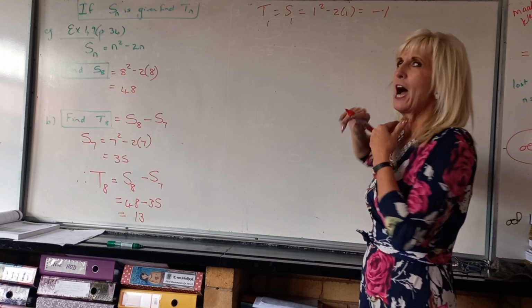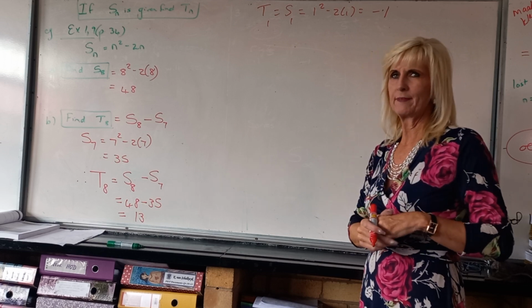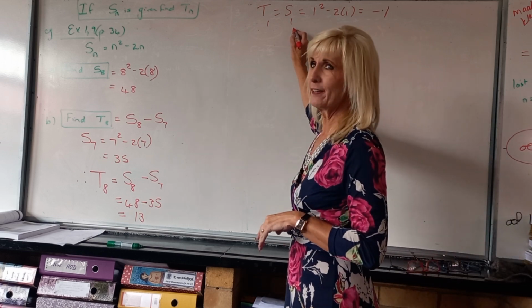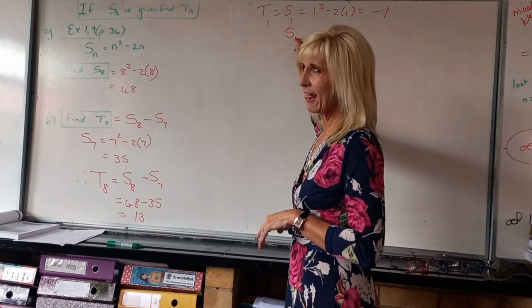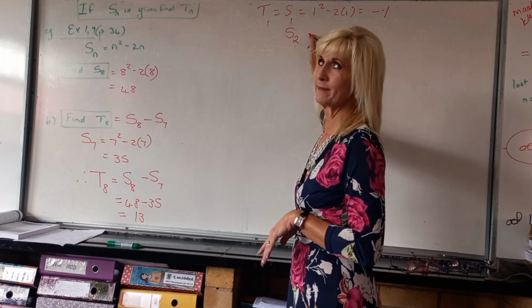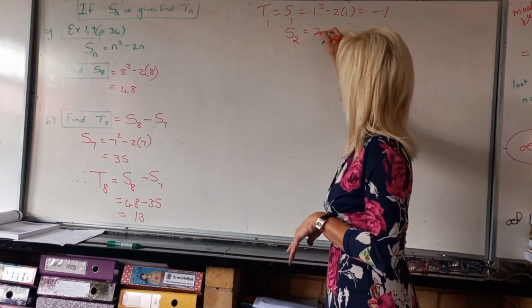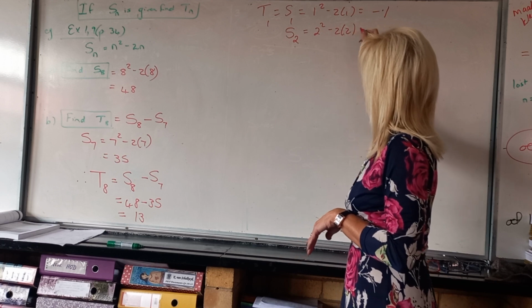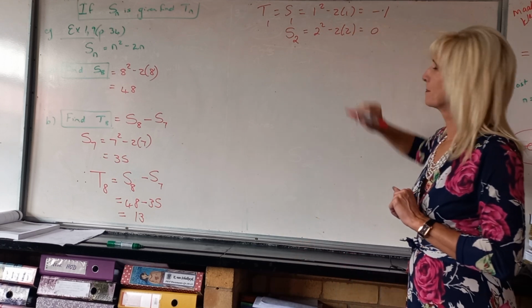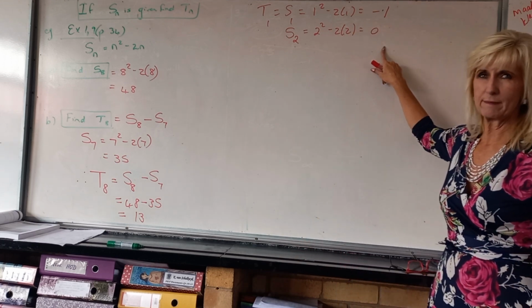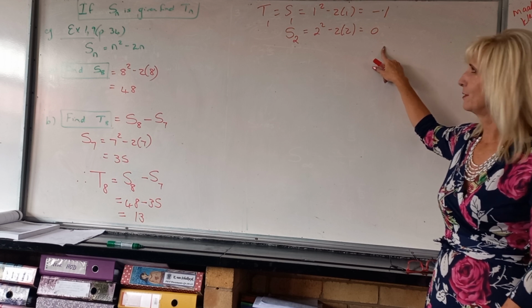Right? How would I find term 2 then? First, you're going to have to find S2. Okay, which would be? Is this the second term then? No, you minus it.